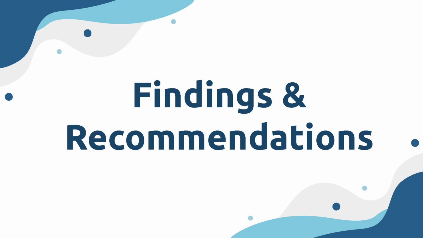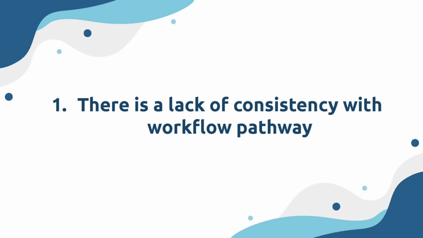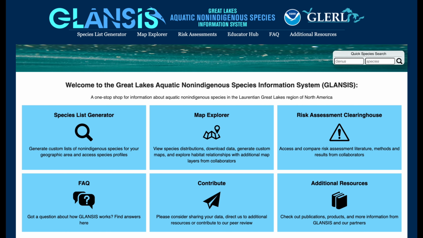Based on the results of the different research methods we used, we identified 3 main findings regarding the website usability and navigation, and we provided corresponding suggestions. The first finding is that there is a lack of consistency in the workflow pathway. The content in the navigation bar is different from the major sections showcased on the homepage.